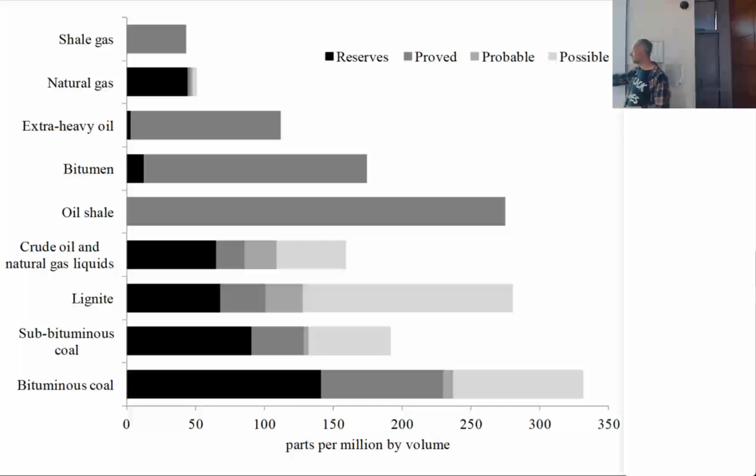Then we can make the planet really, really hot. Then you're no longer talking about 2 degrees of warming or 3 degrees of warming, but you're talking about 6, 8, 10, 12 degrees of warming, right? So that is one way of looking at this particular graph.